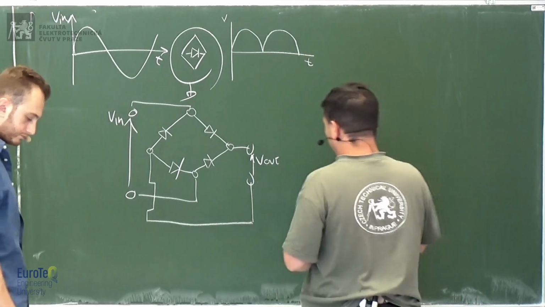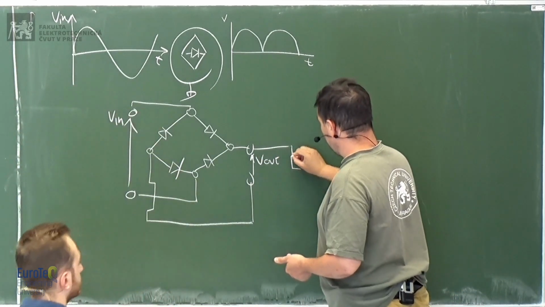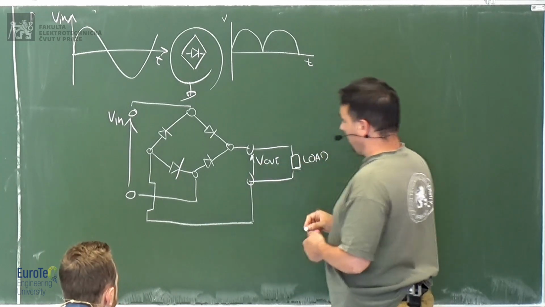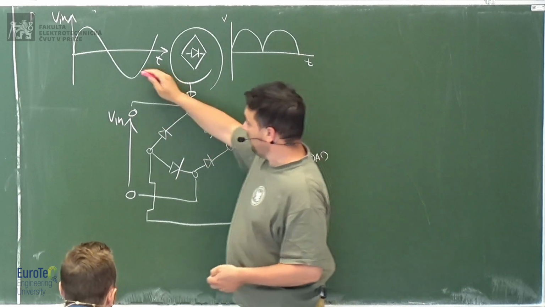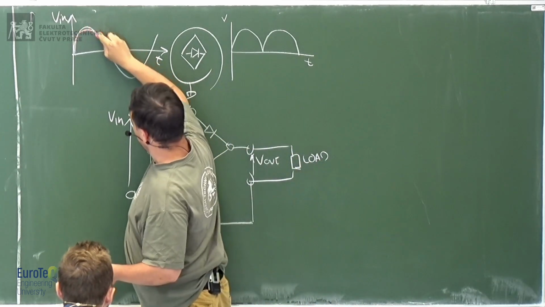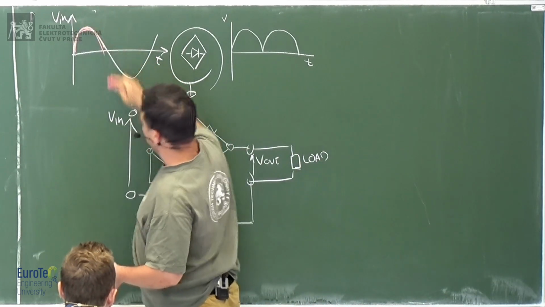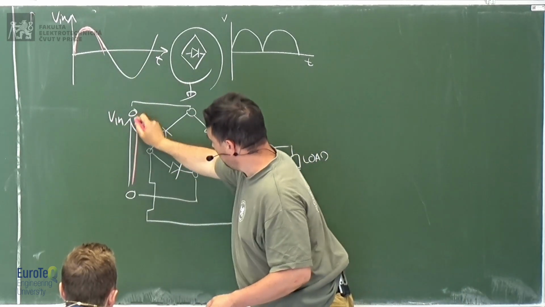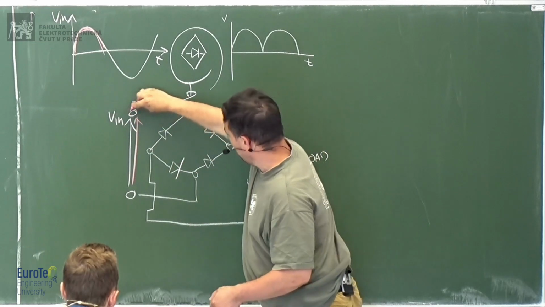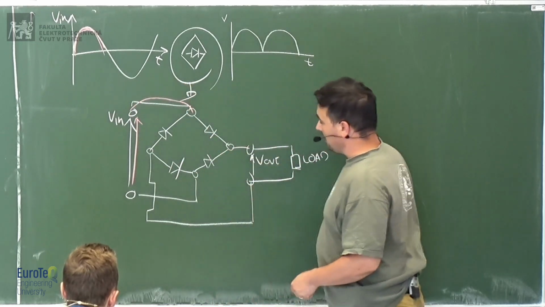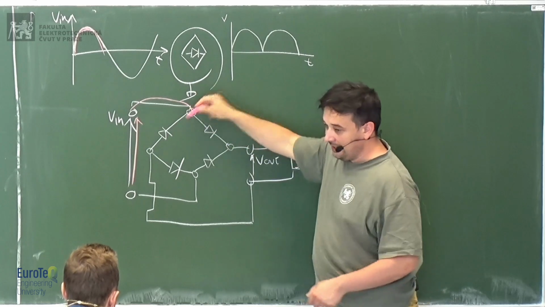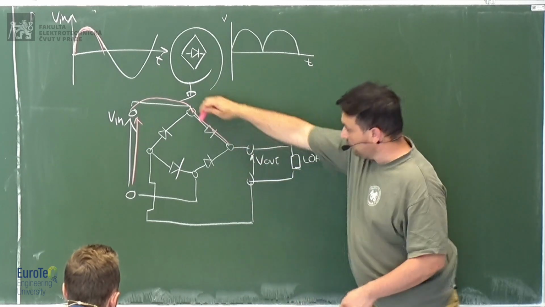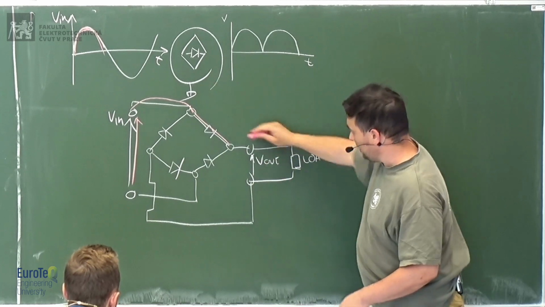Let's say that here we have our load. So if you have here the positive part of the voltage, it will be in this direction, which means that you arrive here, you cannot go against this diode, so you go to this diode because you can pass the diode in this direction.